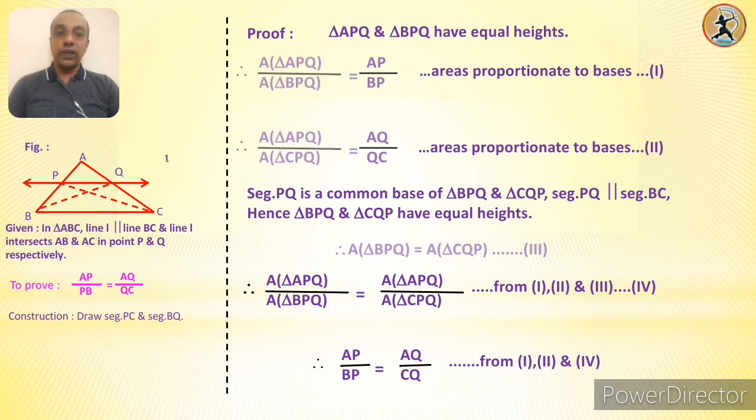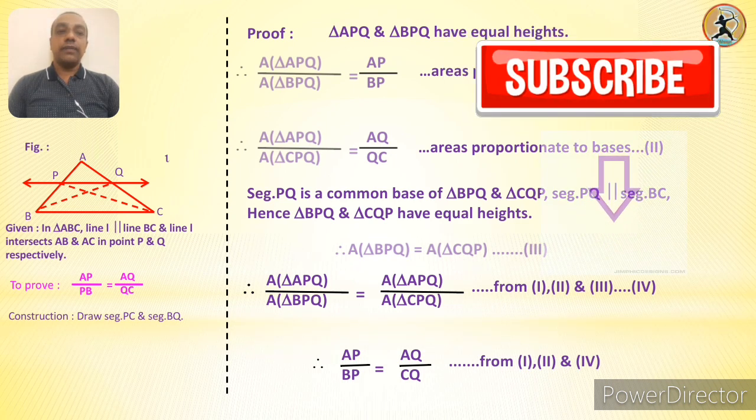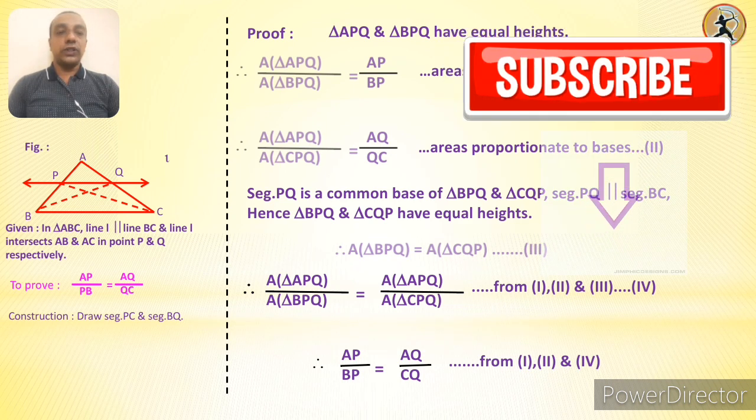That is what we had to prove here. So here we prove that a line parallel to a side of a triangle intersecting the other two sides in two distinct points divides those two sides in equal proportion. In this way we prove the most important theorem in this first chapter, that is the basic proportionality theorem.